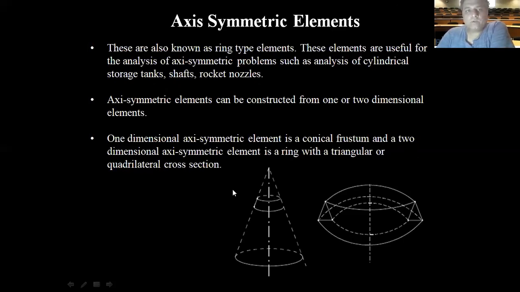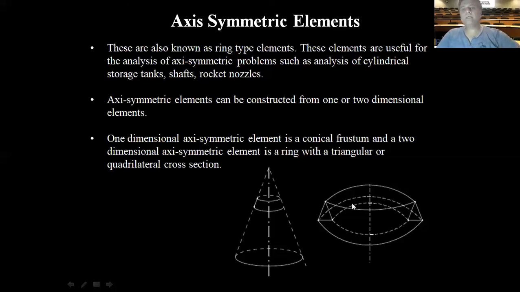So whenever you rotate a one-dimensional element around the axis, you can see the conical frustum, and if you rotate a triangular element about an axis, because it is a two-dimensional element, you will have a ring.